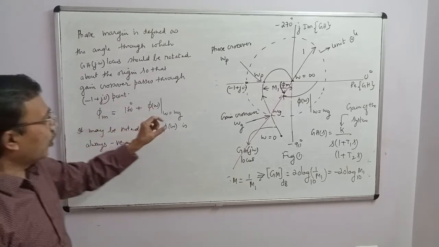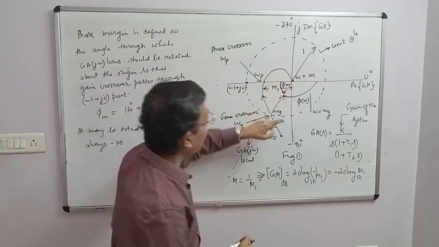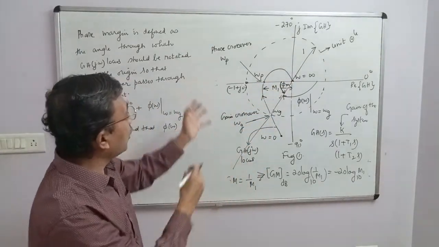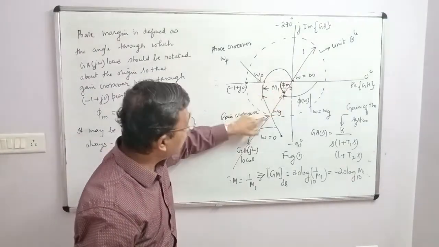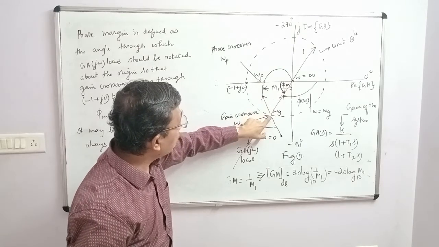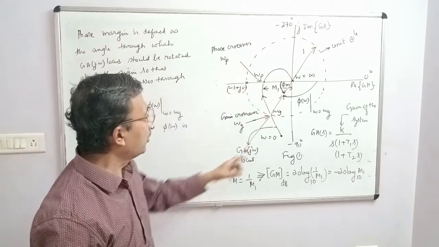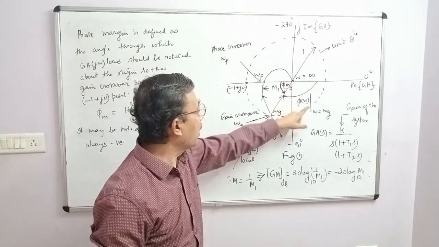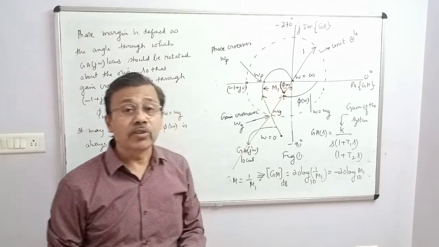What I mean to say is, if this line passing through this intersection point is rotated by an angle equal to phi m, known as phase margin, the gain crossover passes through the minus 1 plus j0 point. In other words, to the phase angle phi of omega, you can add phi m before the system becomes just unstable.